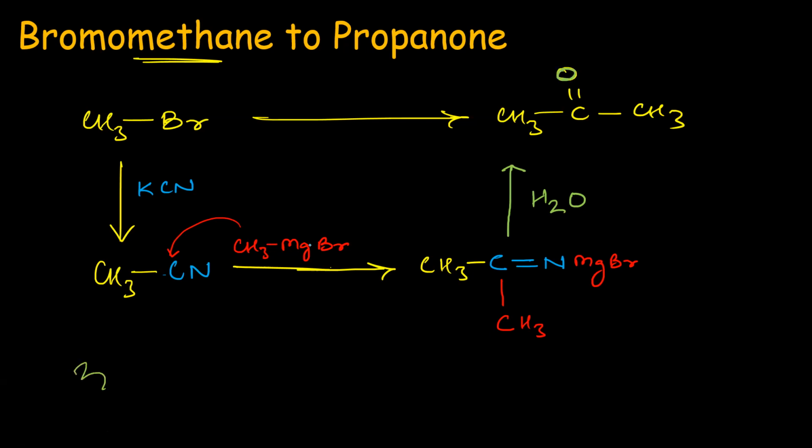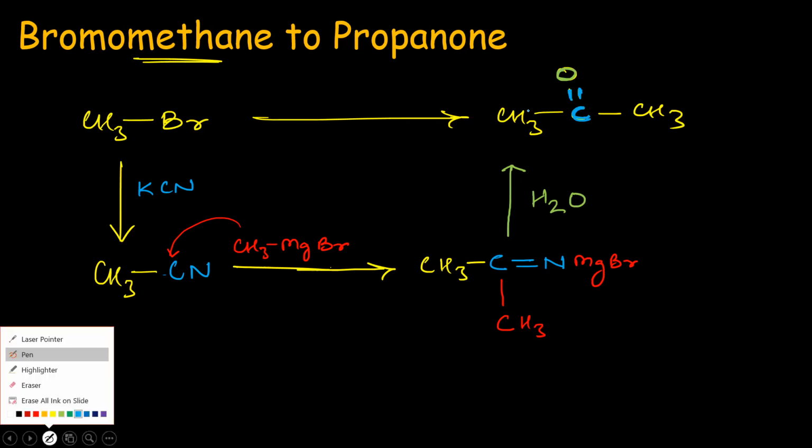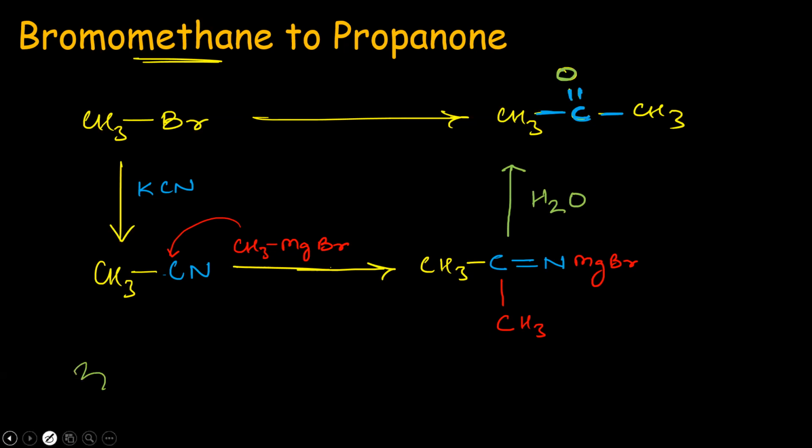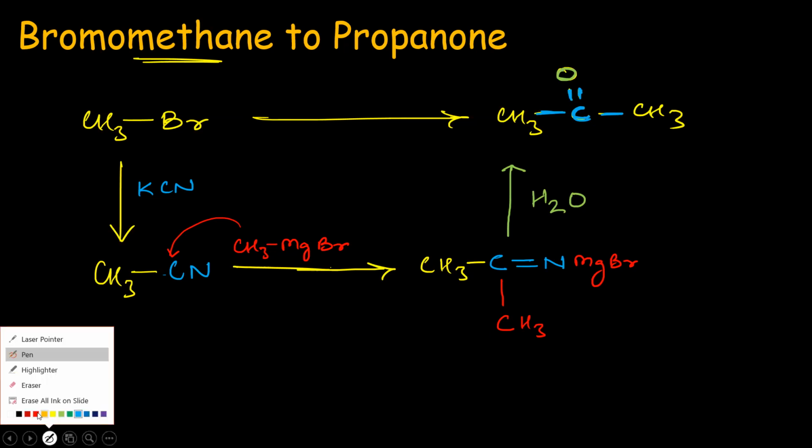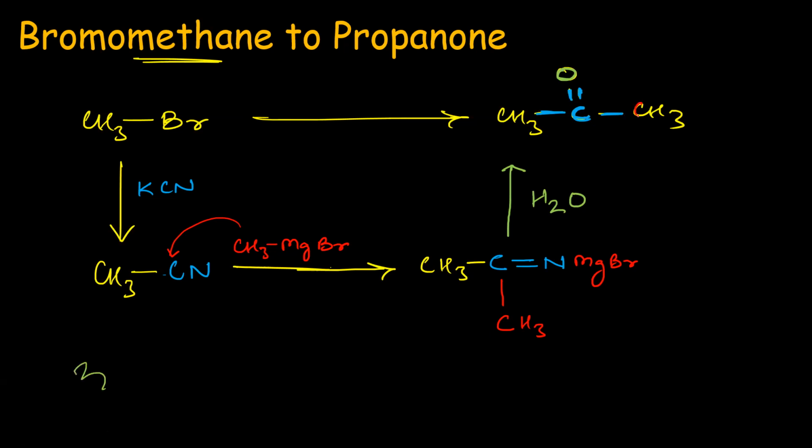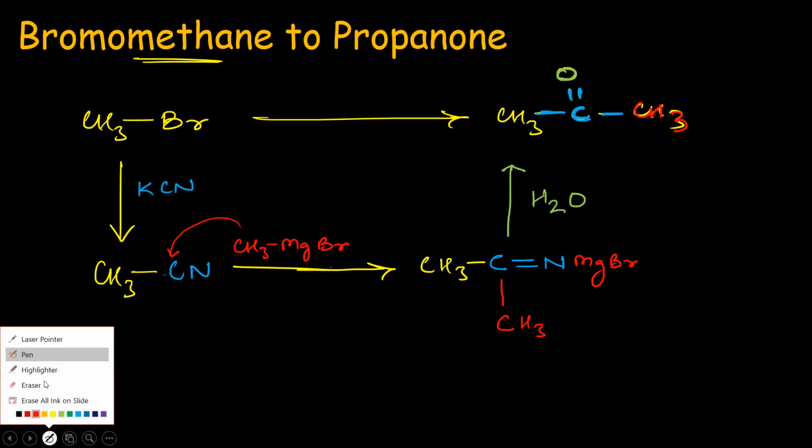This carbon which is in the middle is coming from the KCN. Then we have this CH3, which is coming from the Grignard reagent. And this other CH3 is coming from bromomethane. So please write this reaction. It is very important. Very beautiful reaction also.